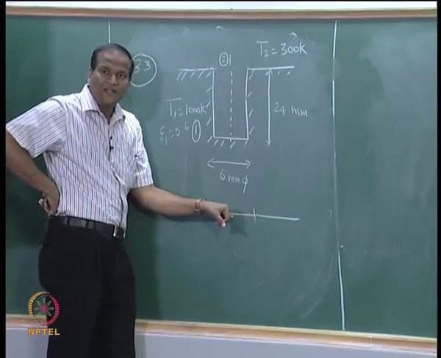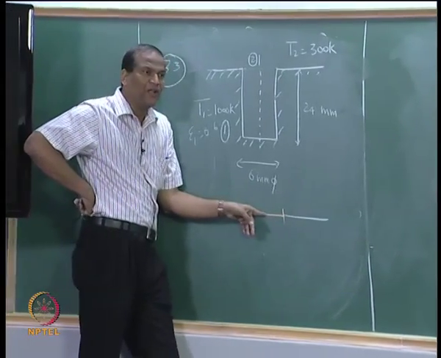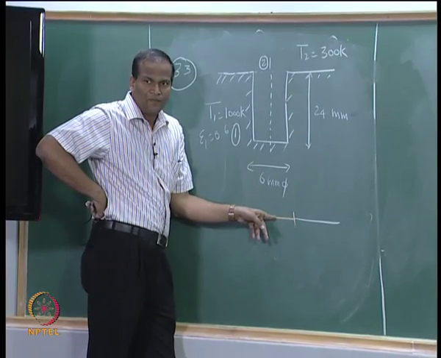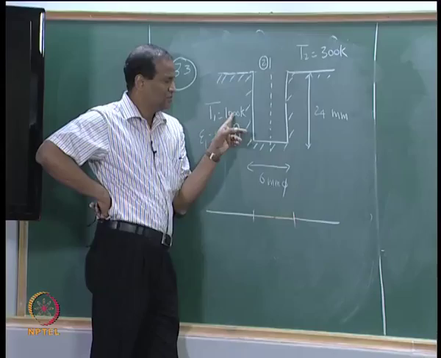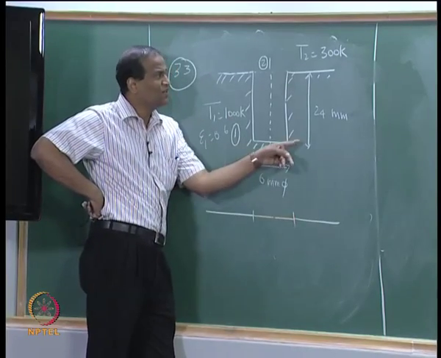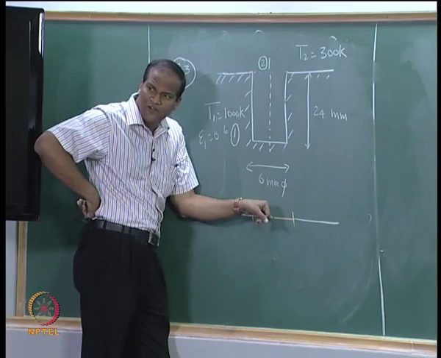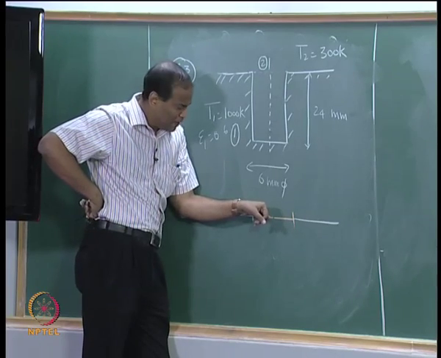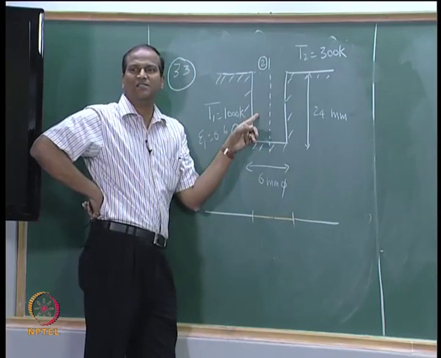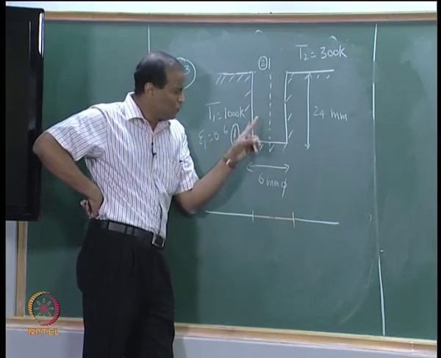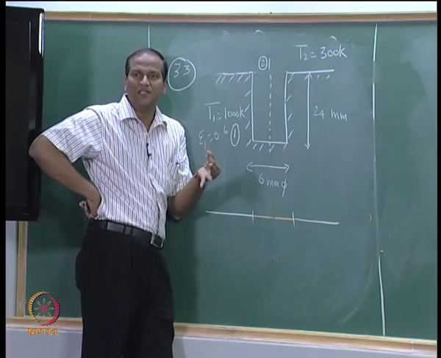But now I say this circle of 6 millimeters radius is a surface which is a black body. Now this is at 1000 Kelvin, it is also losing heat to the surroundings at 300 Kelvin. This will dissipate a certain quantity of heat to the surroundings. I want to see compared to this how much this will dissipate. The ratio of these two is called the effective emissivity.